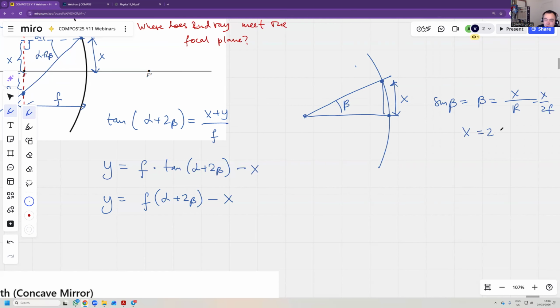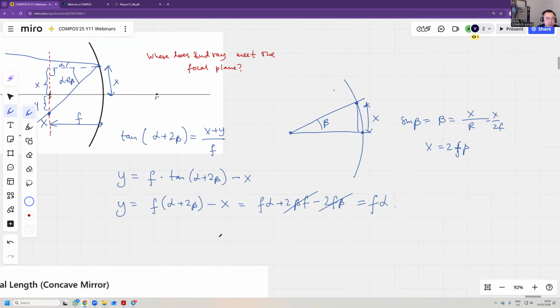So X is 2F beta. And so that's equal to F alpha plus 2 beta F minus 2F beta. 2F beta cancels out, and we have F alpha.